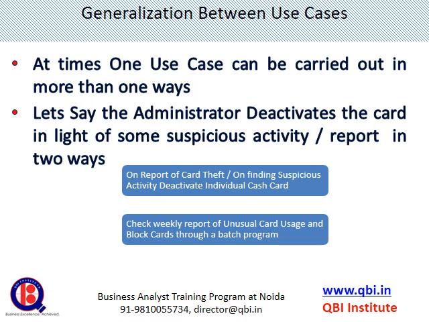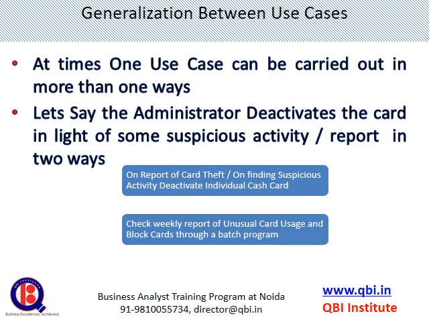So the first method is, let's say if I am the card holder, if I report my card theft, then the administrator can block my card right away. Or let's say while the administrator is doing some online monitoring and if he finds some suspicious activity for a given card, he can deactivate that individual credit, debit or cash card.